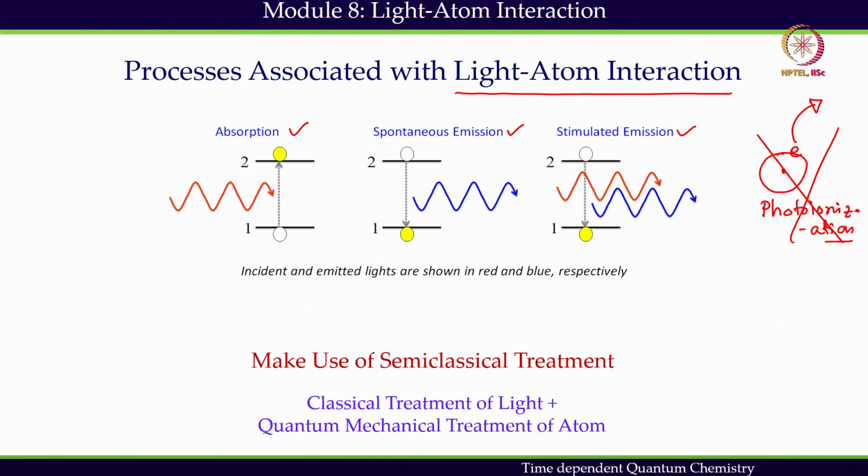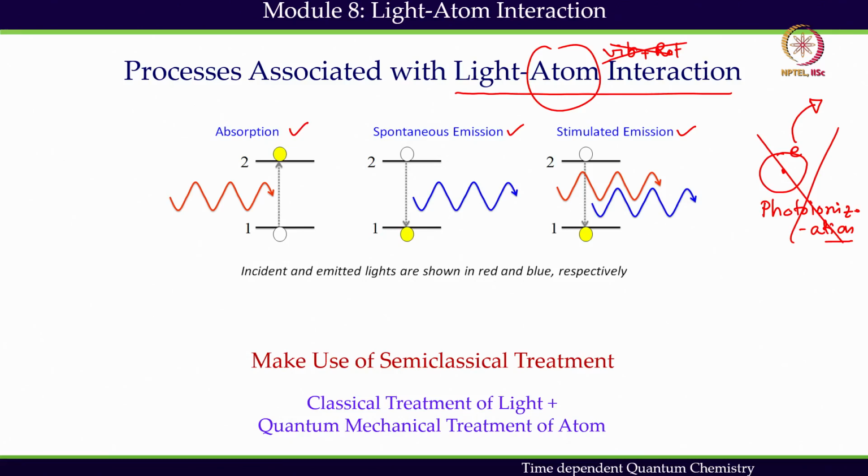These 3 processes, absorption, spontaneous emission and stimulated emission, involve electronic transition between 2 states. Particularly electronic transition for an atom, because for an atom we do not have vibration, we do not have rotation, and that is why it can only undergo electronic transition.